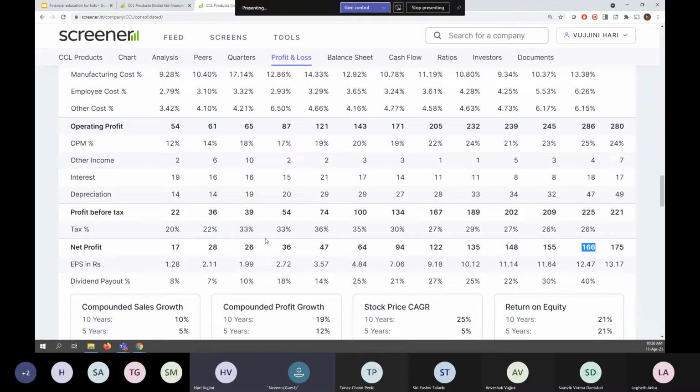They have this SEZ concept in India, so sometimes the Indian government gives them tax exemptions. Another thing is that recently in India, corporate tax has been reduced by some percentage. I don't remember the exact percentage, but the government reduced the tax for corporates. So it came down to 25-26% recently. Before it was 33%, 36%. Okay, got it.